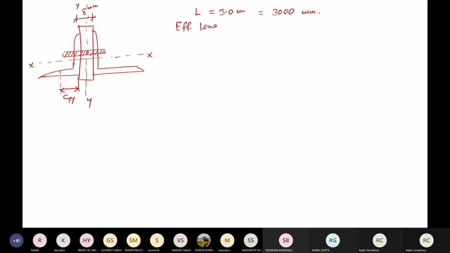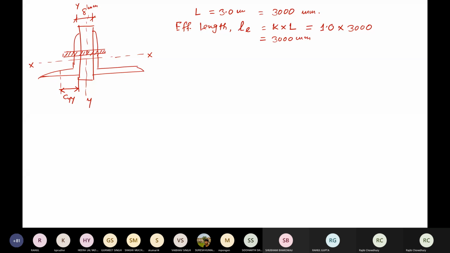Effective length LE would be K times L. Now both the ends are hinged in the problem statement, so K becomes 1.0 times 3000. So effective length and actual length are the same.